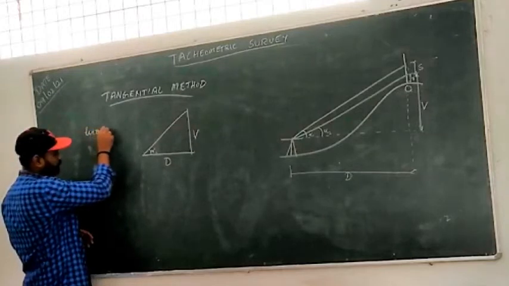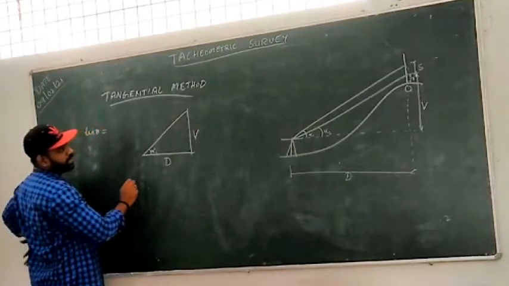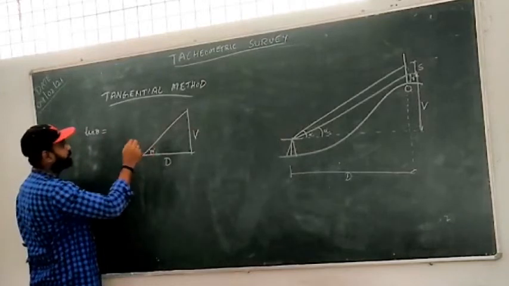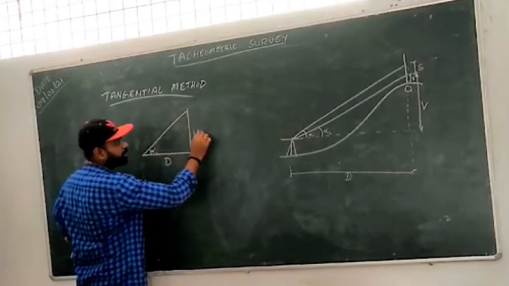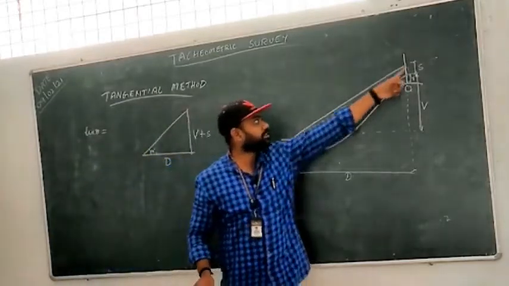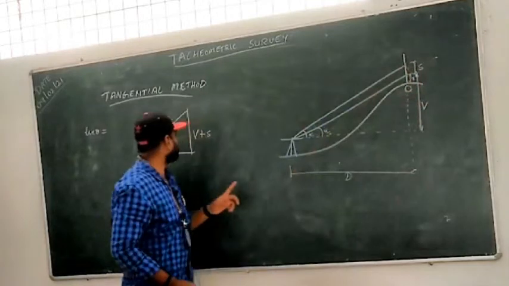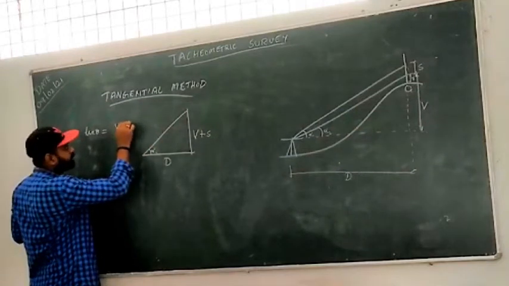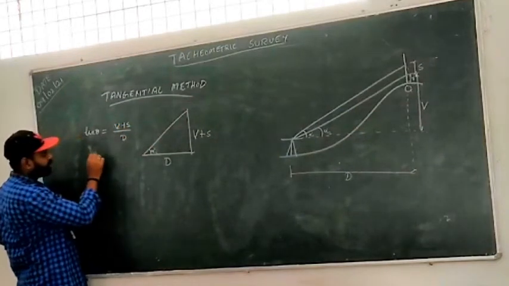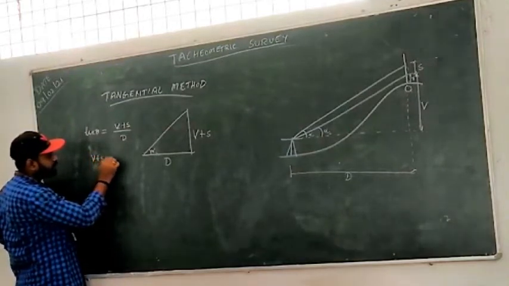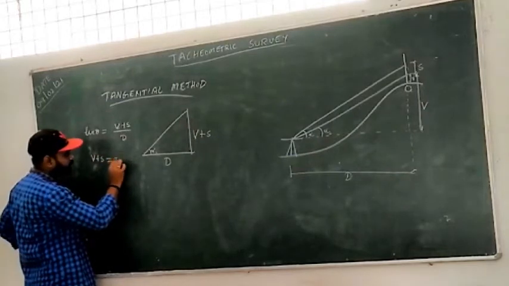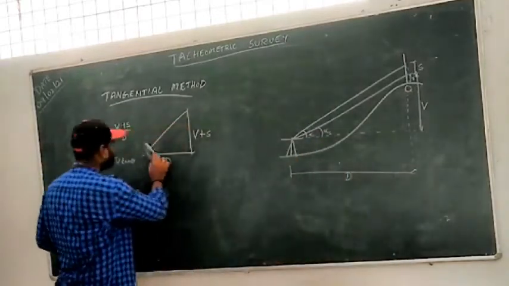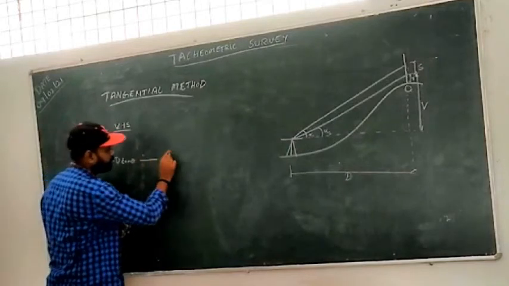Tan theta is equal to V by D. Because alpha 1 goes up to this point, this will become V plus S. So tan theta is opposite by adjacent, so opposite is V plus S divided by D. So V plus S is equal to D tan alpha 1. Say this is equation number 1.